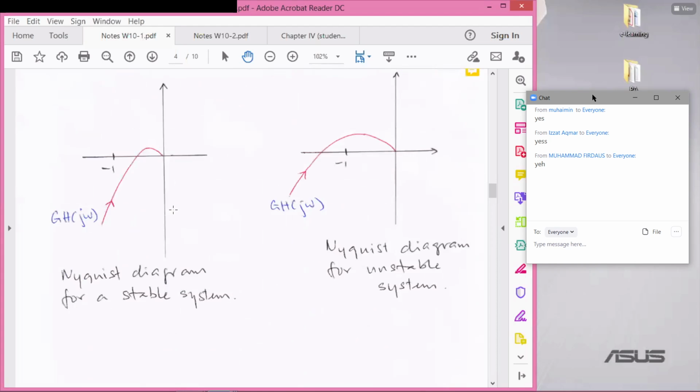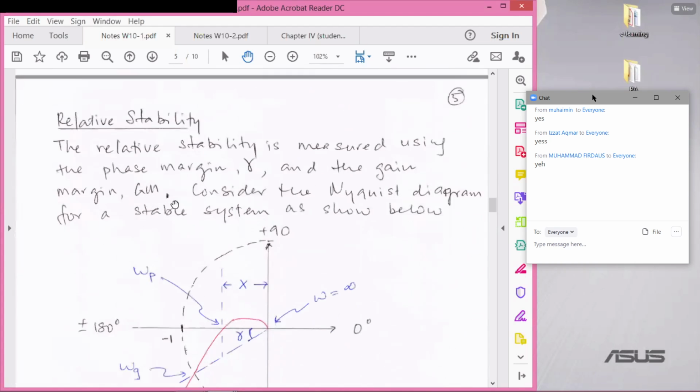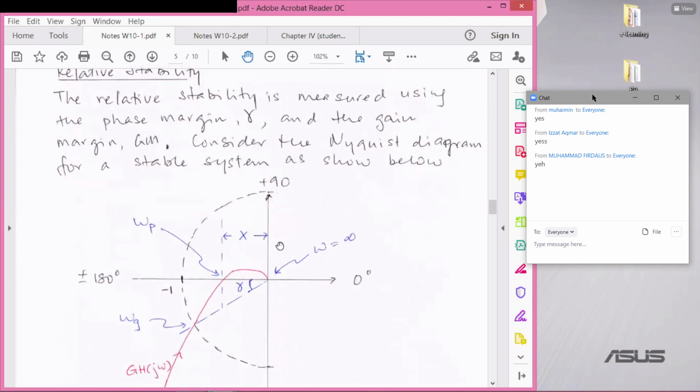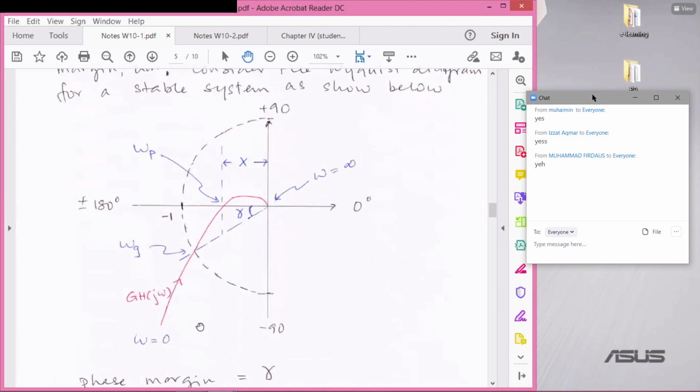The relative stability is measured using the phase margin and the gain margin. So what is the phase margin and the gain margin? Now consider this Nyquist diagram for a stable system. Imagine that this is now a Nyquist diagram for a stable system.